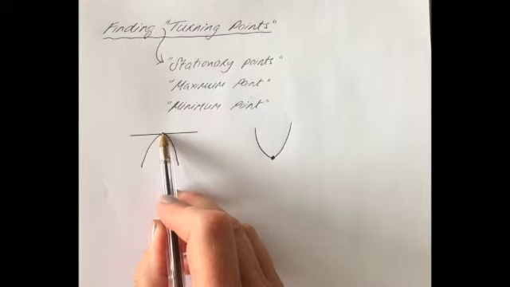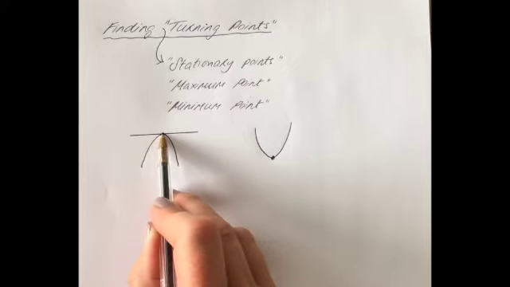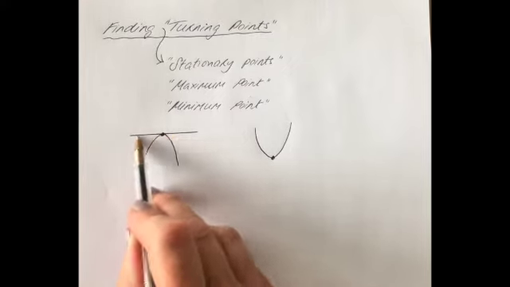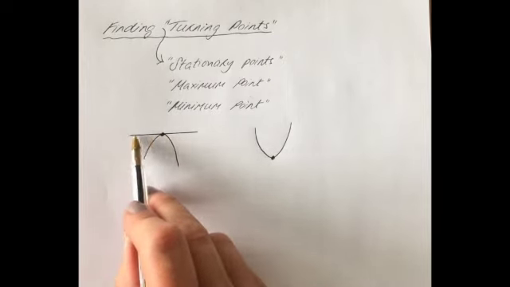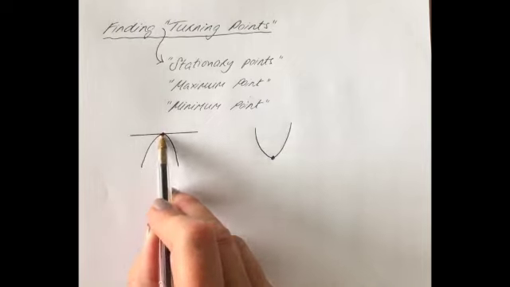So that's why it can be referred to as a stationary point. But the key thing about the tangent at these points is that, well, it's flat, isn't it? And that means that the slope of the tangent is 0.